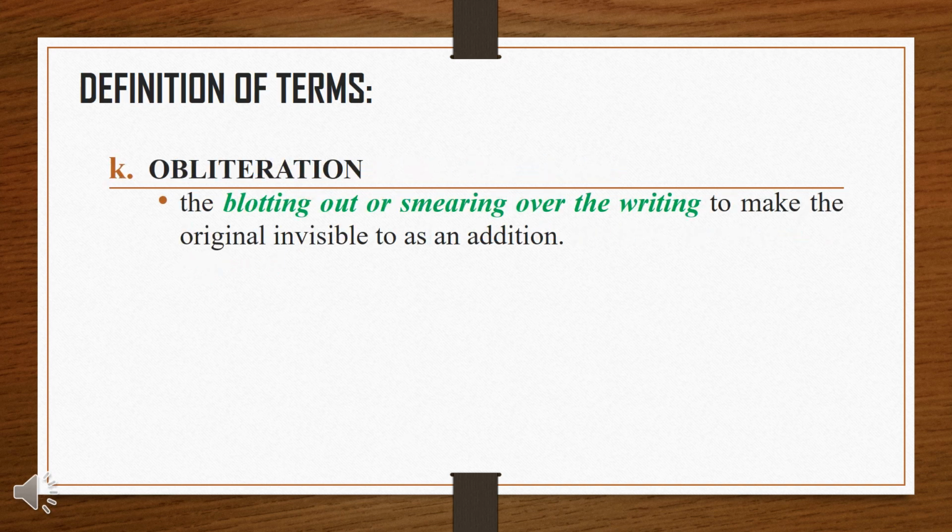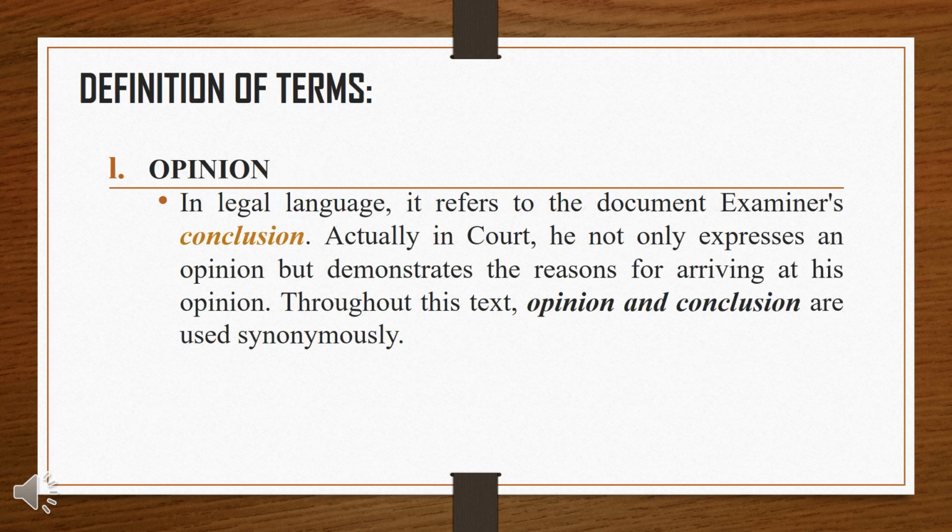Obliteration. The blotting out or smearing over of the writing, to make the original invisible or to serve as an addition. Opinion. In legal language, it refers to the document examiner's conclusion. Actually, in court, he not only expresses an opinion but demonstrates the reasons for arriving at his opinion.